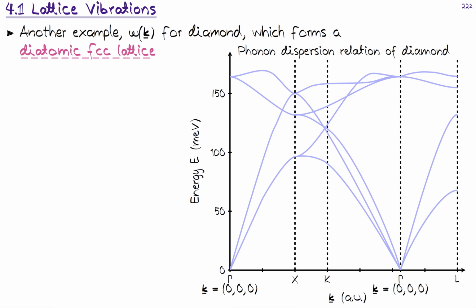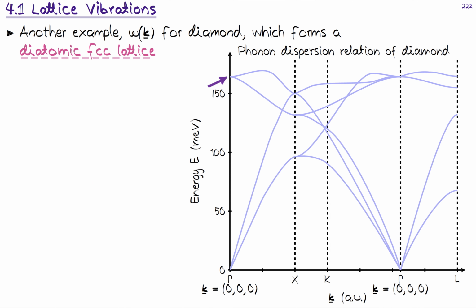And what happens now is that we start seeing the emergence of optical branches, because we have a diatomic FCC lattice, and that is visible here, that there seem to be some curves that do not go into the gamma point, so that they do not have zero energy when they are at the gamma point here.